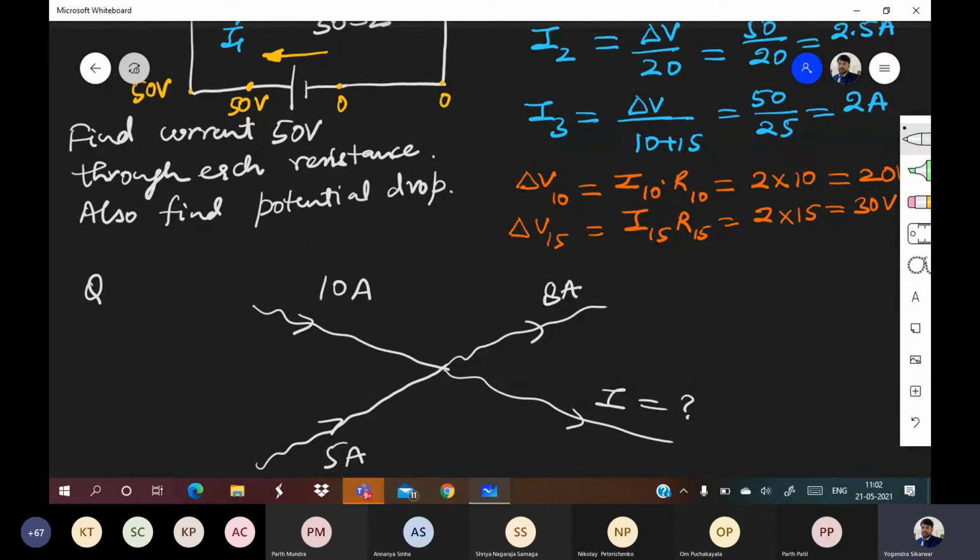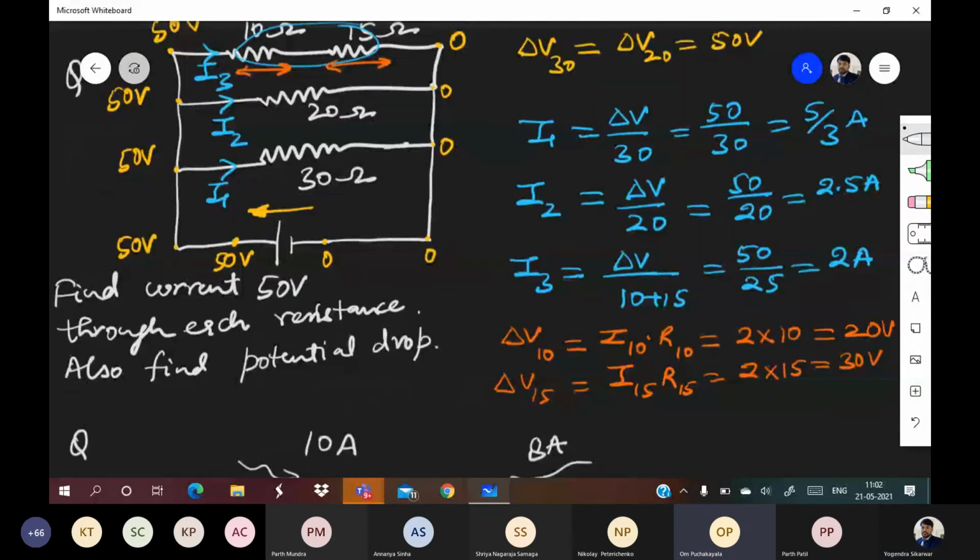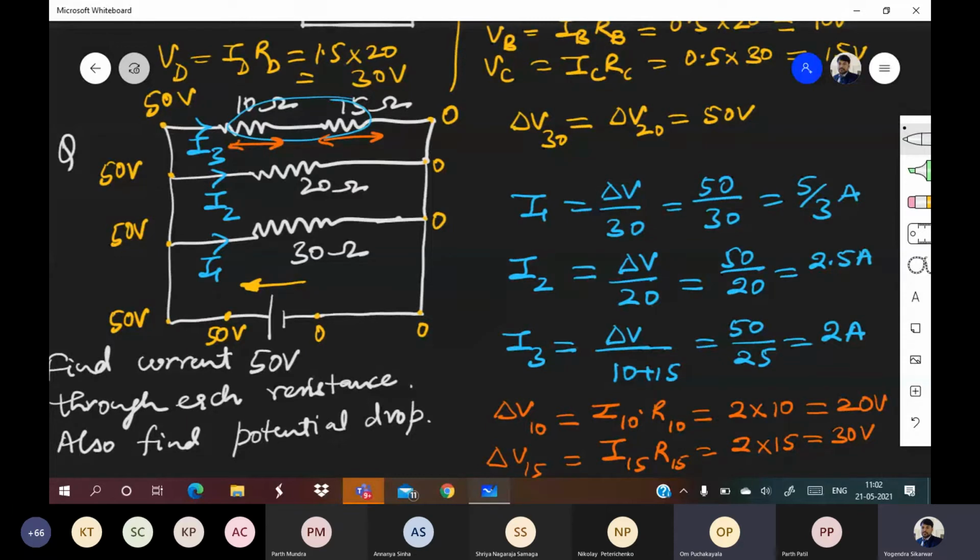Om, is it fine or do you want me to scroll further? Sir, I think I missed one line on top. Only one line. So I just want to see that. Is it okay?